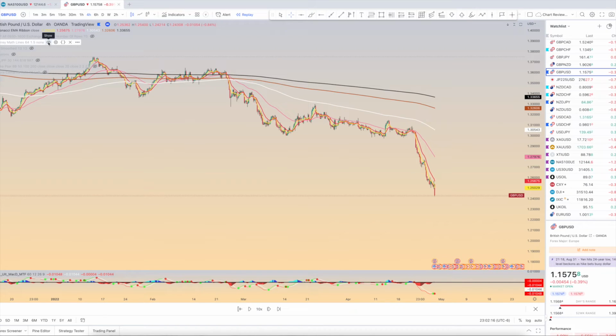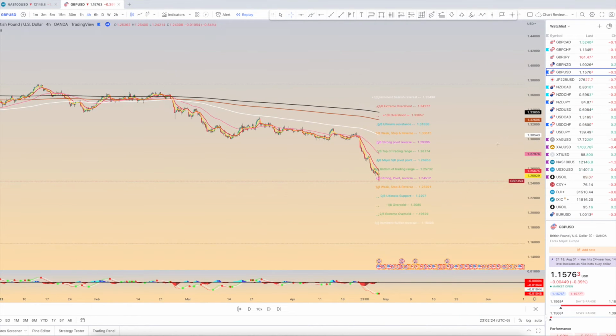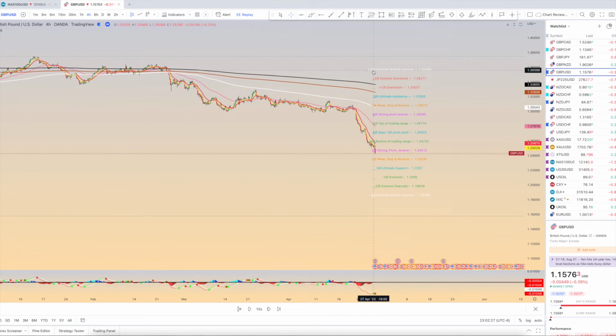The second last one actually, Murray math lines. Now, a little bit interesting on this too. It kind of shows a range of where it's potentially going. You can read it: imminent bearish reversal, strong pivot, weak stop and reverse, ultimate support, oversold, extremely oversold.